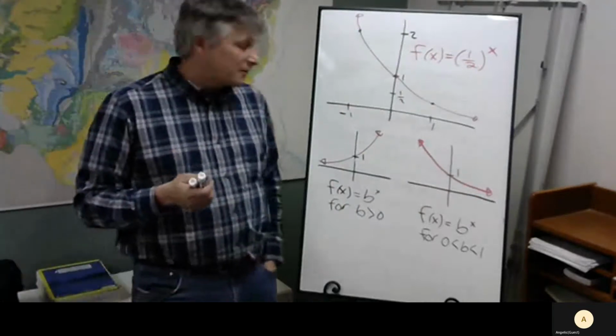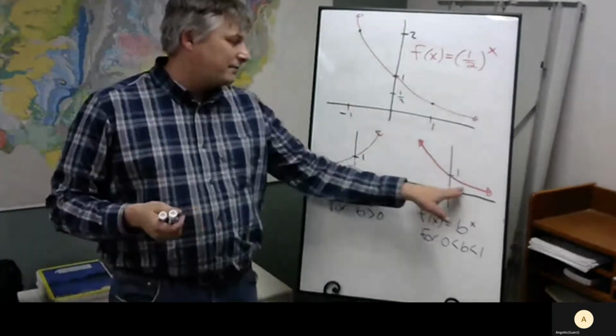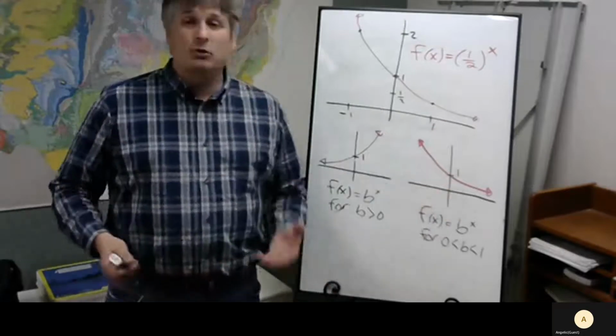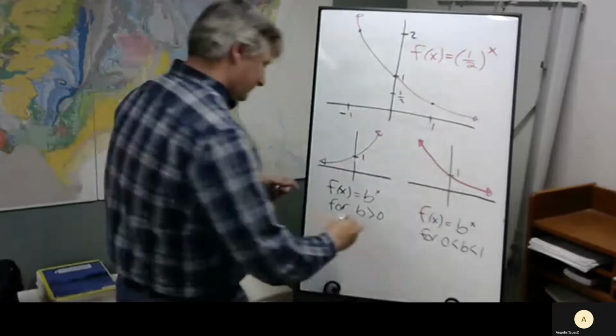And a key thing here, neither graph will cross the x-axis. It'll get very, very close to the x-axis, but neither graph will cross it.